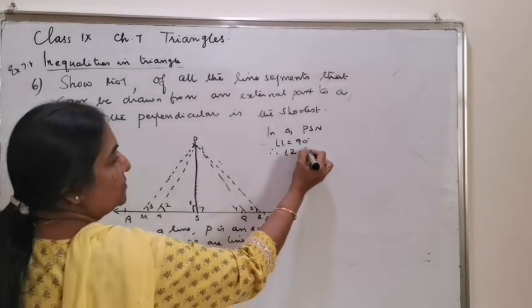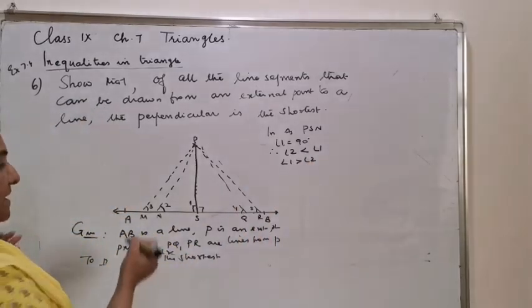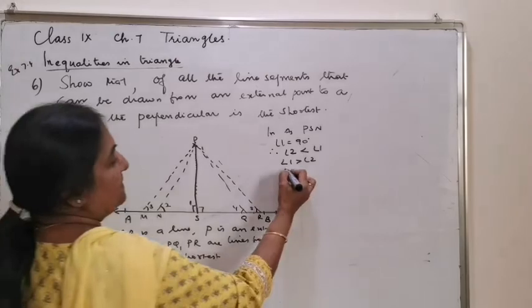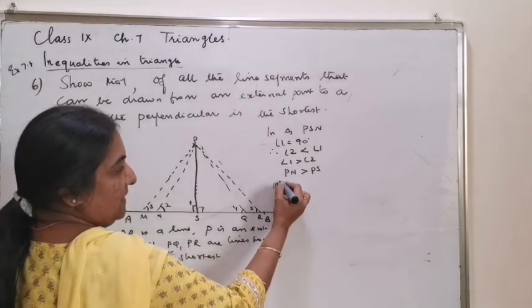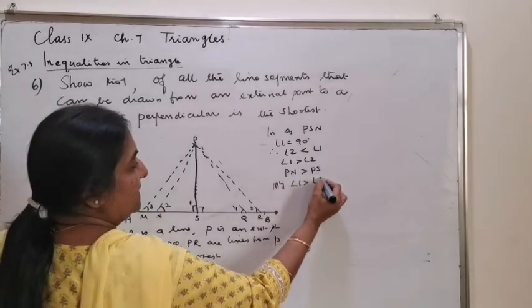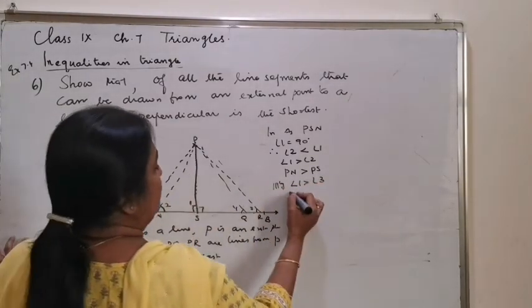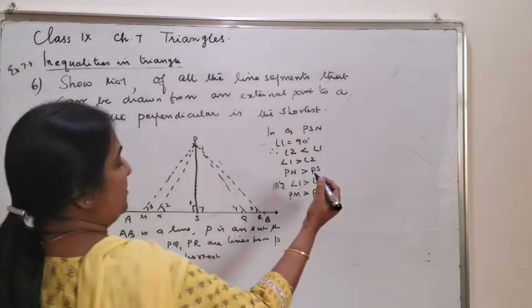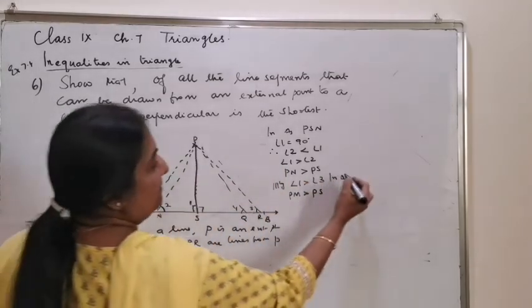Therefore, angle 2 is smaller than angle 1, or 1 is greater than 2, which shows that PN is greater than PS. Similarly, angle 1 is greater than angle 3, which shows that PM is greater than PS, in triangle PSM.